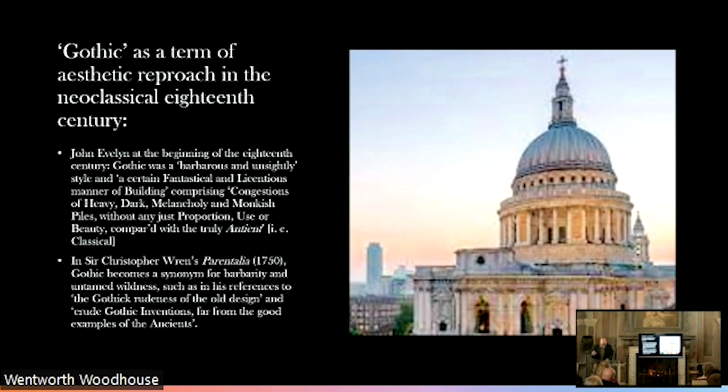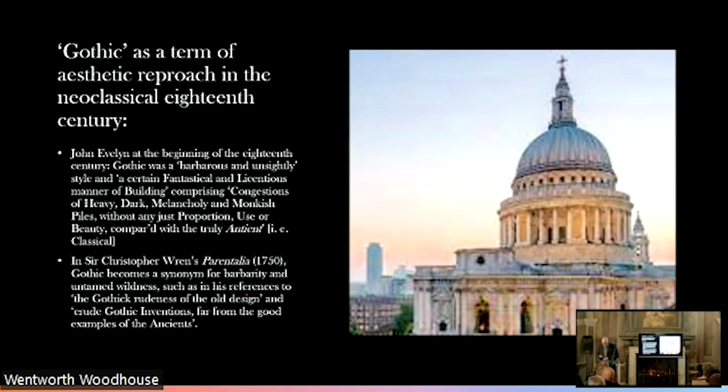For John Evelyn, at the beginning of the 18th century, the Gothic is a barbarous and an unsightly style, comprising a certain fantastical and licentious manner of building, composed of congestions of heavy, dark melancholy and monkish piles, without any just proportion, use, or beauty, compared with the truly ancient, i.e., the classical.